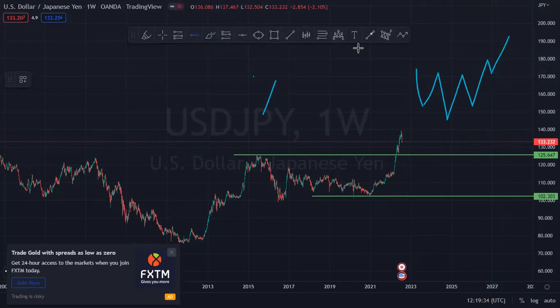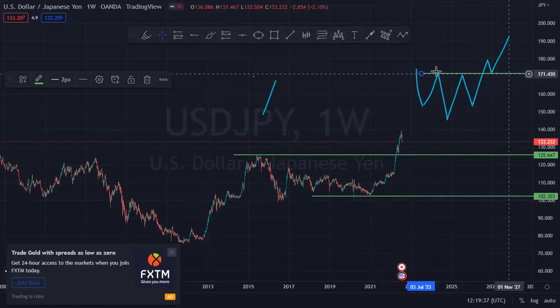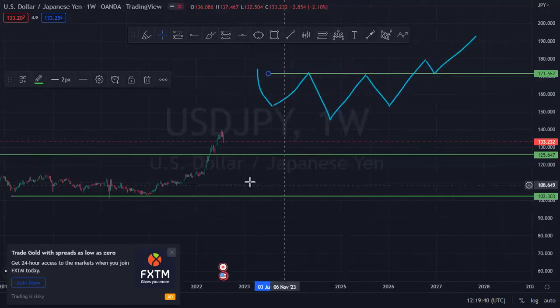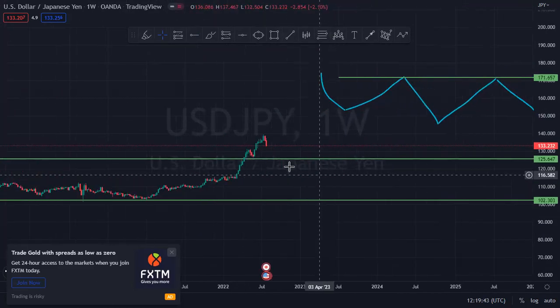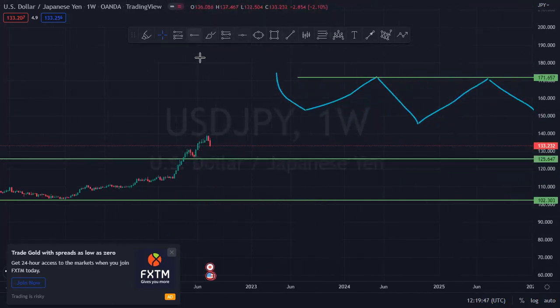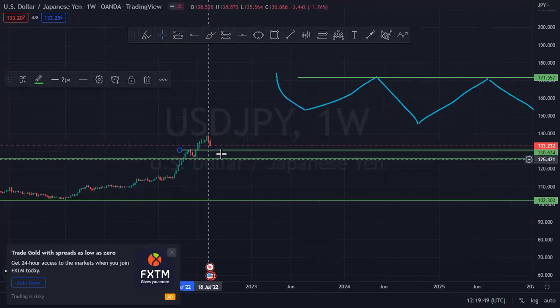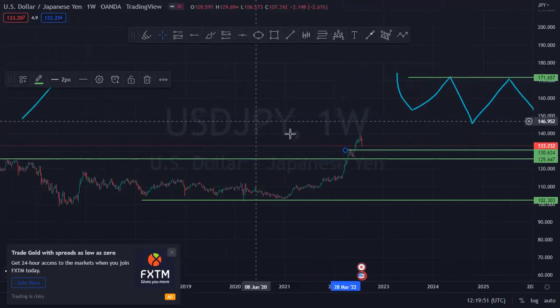As you can see here, this is my retest, and we did have a possible retest around these areas. So now what we're possibly going to do is retest this area and continue to the upside.